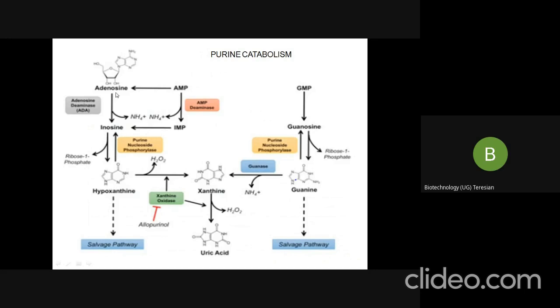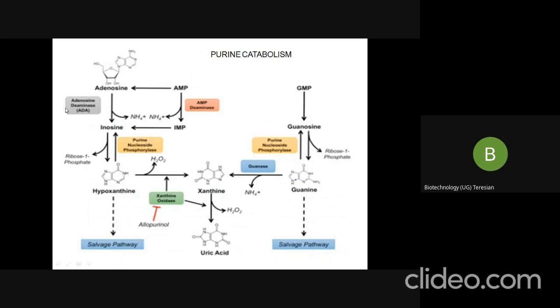AMP can also be processed to adenosine in the presence of adenosine deaminase, ADA, and adenosine can get processed to inosine. So your AMP can be processed to IMP or into adenosine, and adenosine in turn can be processed to inosine. Both give away their ammonia group.